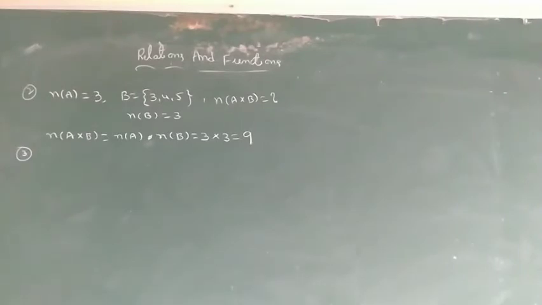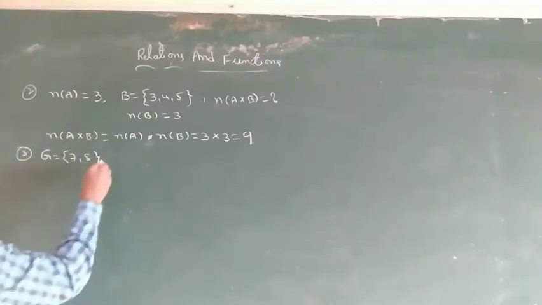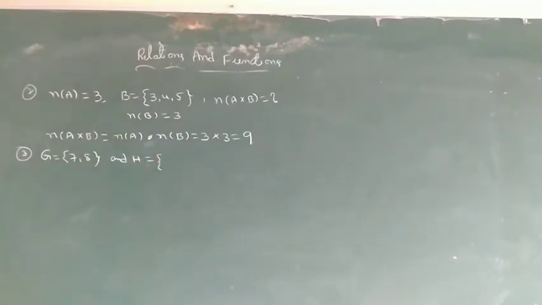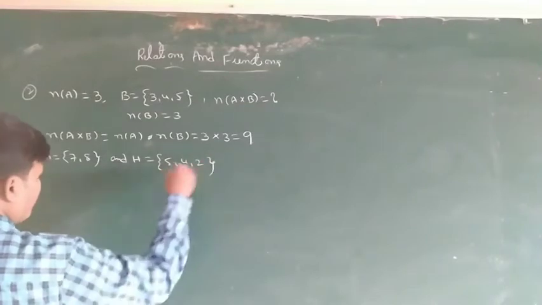Third one. G is equal to {7, 8} and H is equal to {5, 4, 2}.